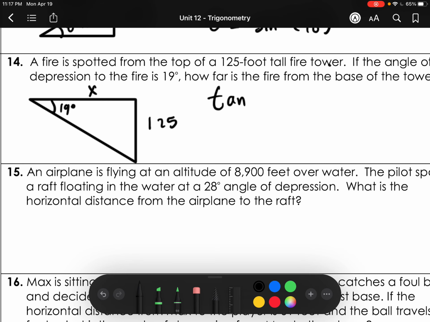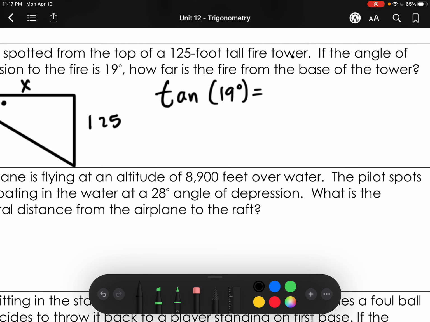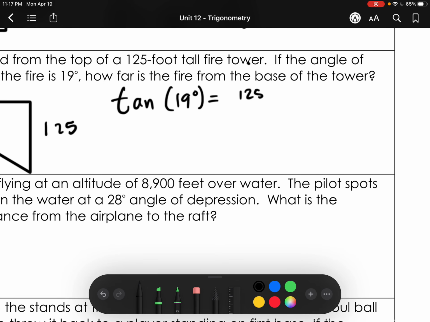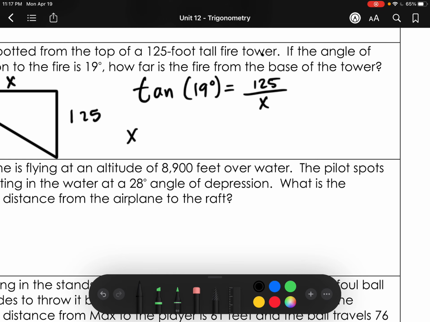Tangent of 19 degrees is equal to opposite over adjacent, so 125 is opposite, and adjacent is x. So we're going to switch these two to write it in terms of x. So x is equal to 125 over tangent of 19 degrees.